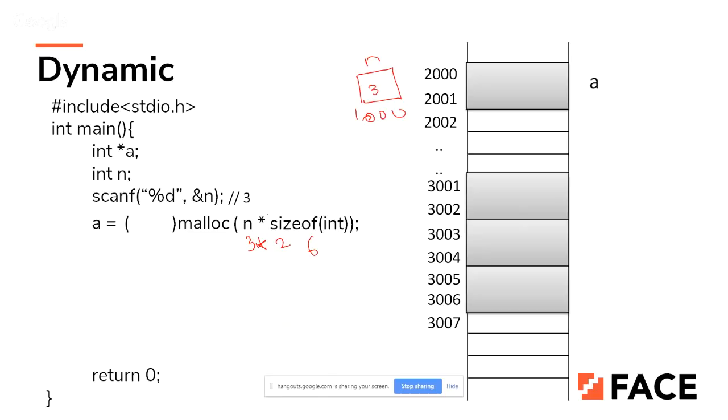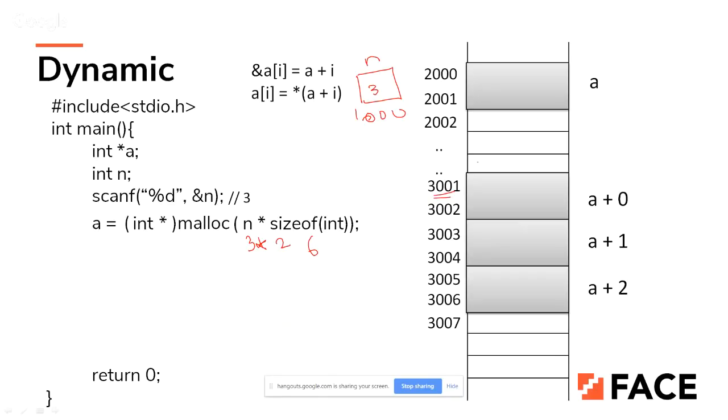The default return type of this malloc function is void pointer, so we have to typecast that pointer to type integer, which is int star a. I'll explain all those things. The starting memory location has to be stored in the pointer variable a.